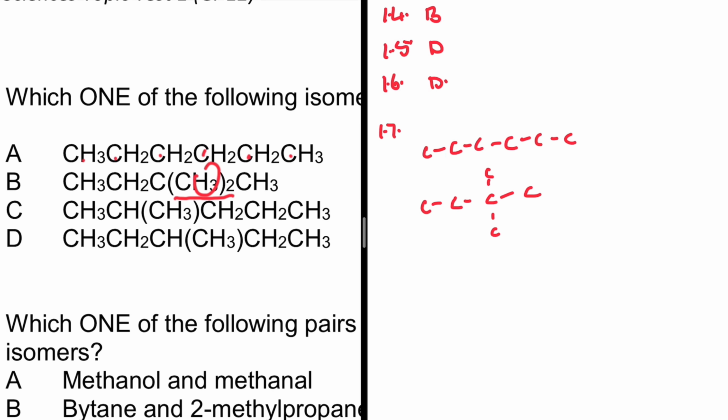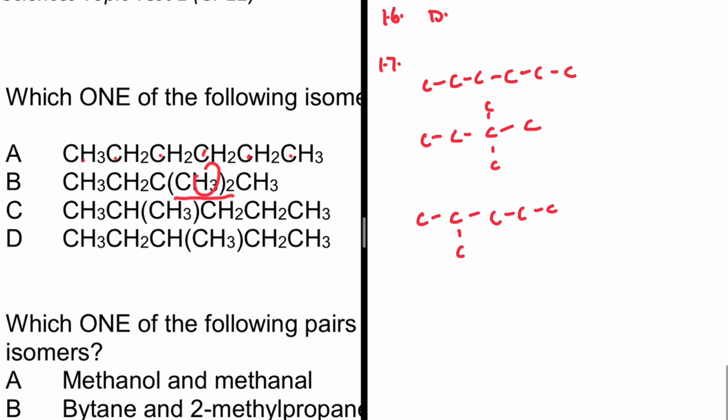And then C, we have 1, 2, and then we have a branch, as you can clearly see there, CH3. If it was CH2, that's going to be part of the chain, followed by 1, 2, 3. And then D, we have 1, 2, 3, a branch, followed by 1, 2.